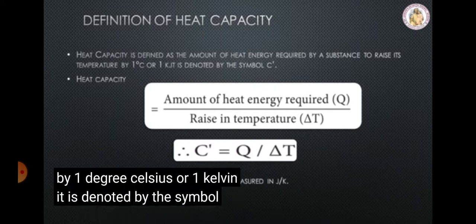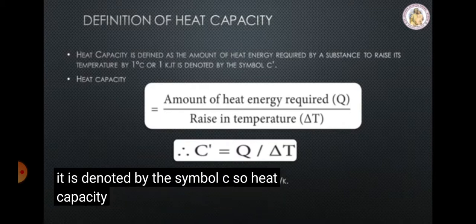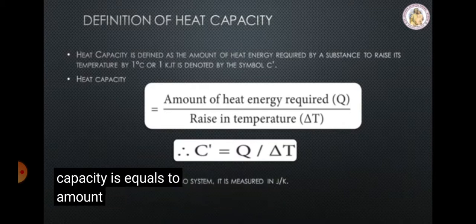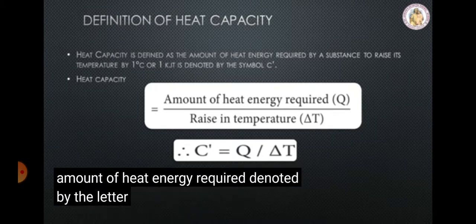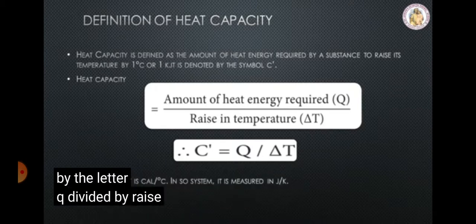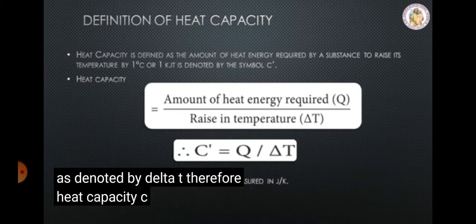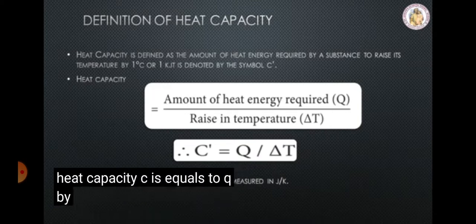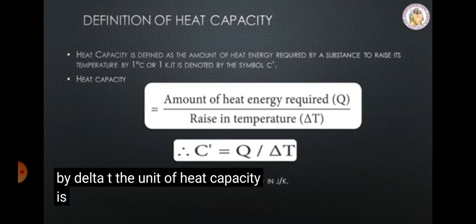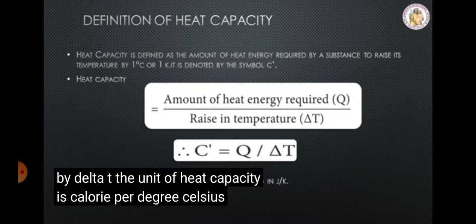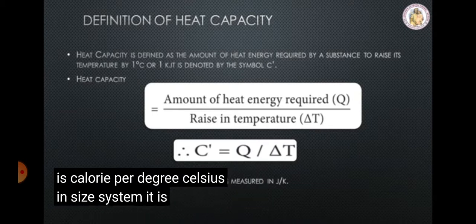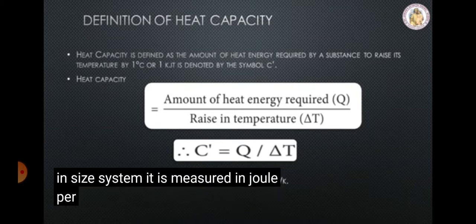It is denoted by the symbol C. So heat capacity is equal to the amount of heat energy required, denoted by the letter Q, divided by the rise in temperature, denoted by delta T. Therefore, heat capacity C is equal to Q by delta T. The unit of heat capacity is calorie per degree Celsius. In the SI system, it is measured in joule per Kelvin.